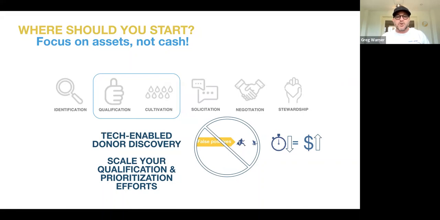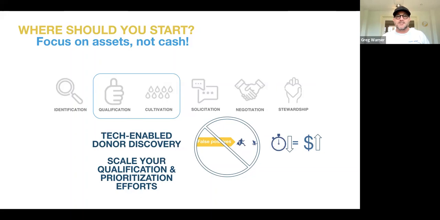You can scale your qualification and prioritization efforts also, because this can all be automated through qualification scoring and recency indicators that help you understand when a donor is ready for outreach, very much like I just described a few minutes ago about someone possibly clicking on a DAF widget button to give money from their donor advised fund.